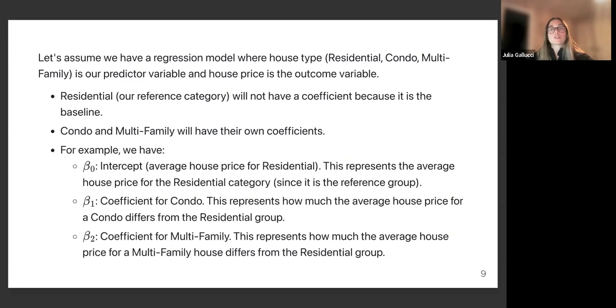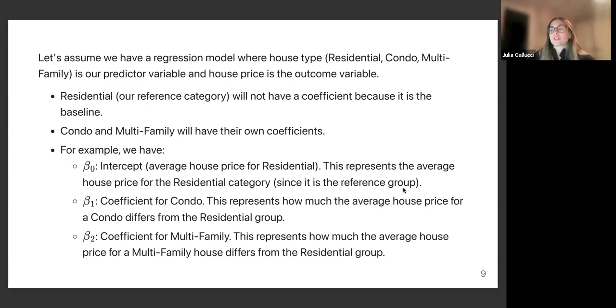That would mean condos are on average $50,000 cheaper than residential homes. Then we have beta 2, which is multifamily, and this shows the average price for multifamily homes compared to residential. If this beta value was $30,000, multifamily homes are on average $30,000 more expensive than residential homes, which are the reference.